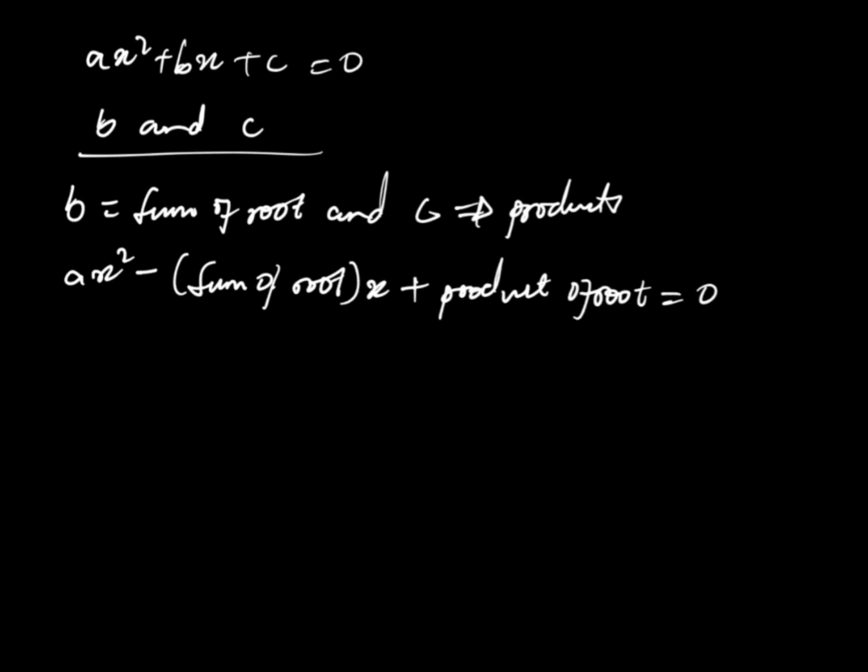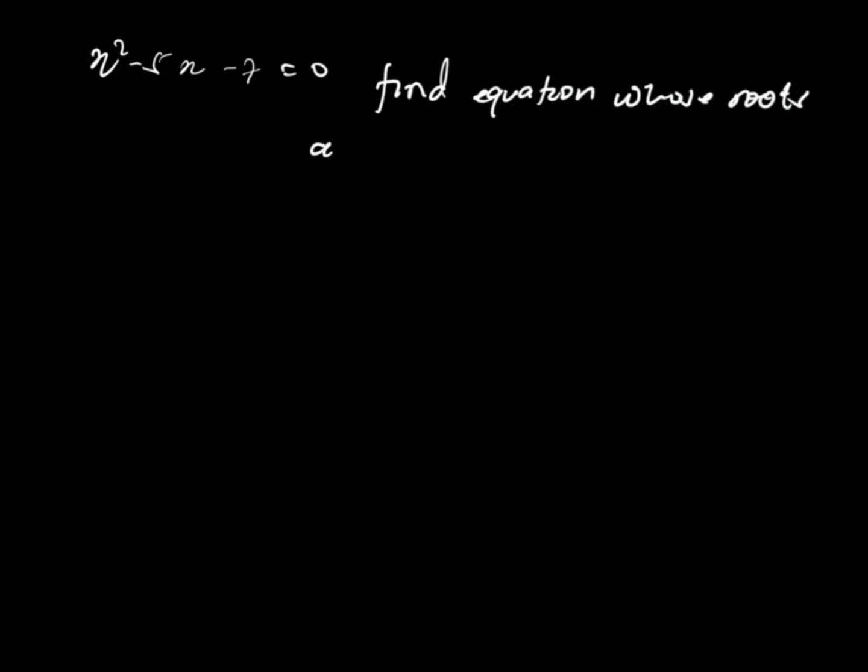So for example, if I've been given a question of this kind, x squared minus 5x minus 7 equals 0, and I've been told to find the equation whose roots are 1 all over alpha and 1 all over beta.